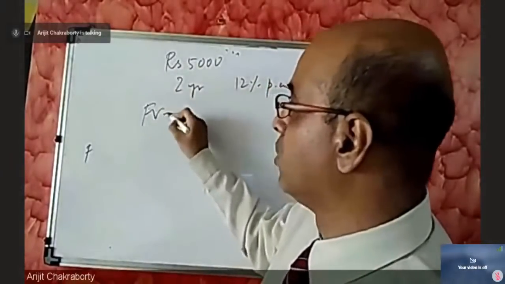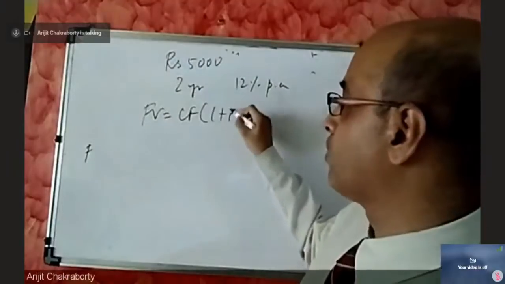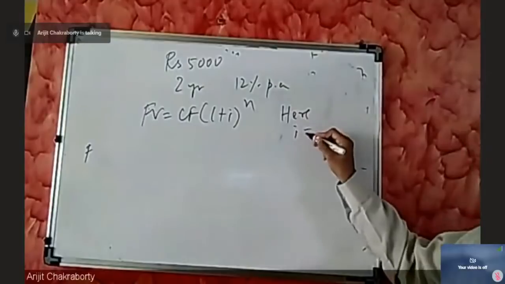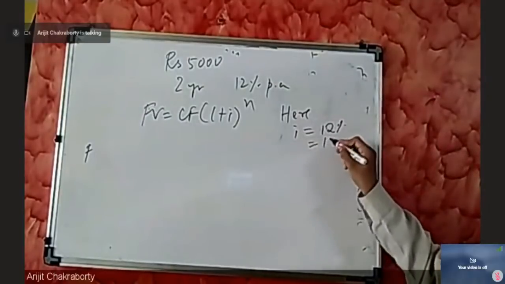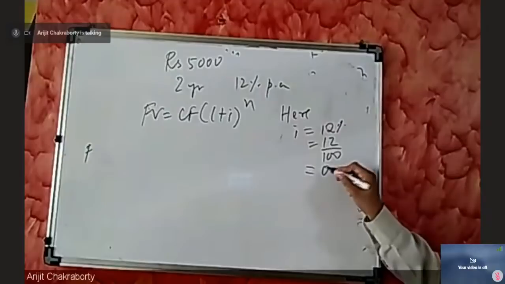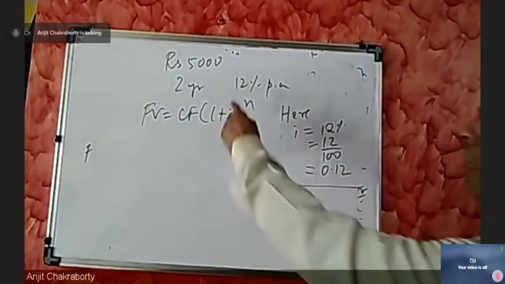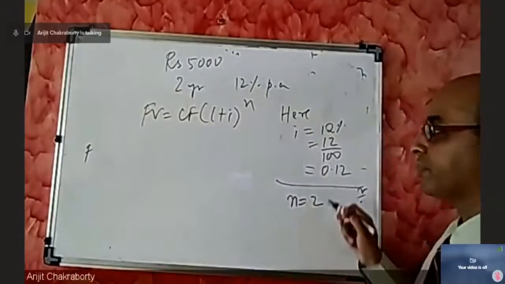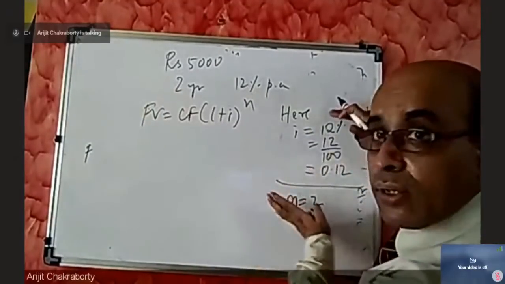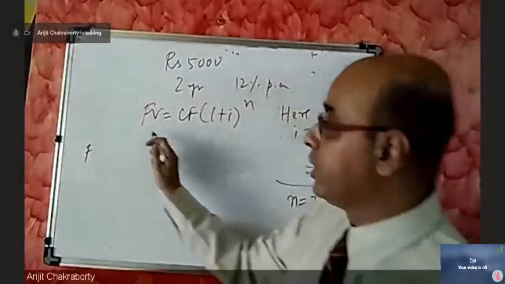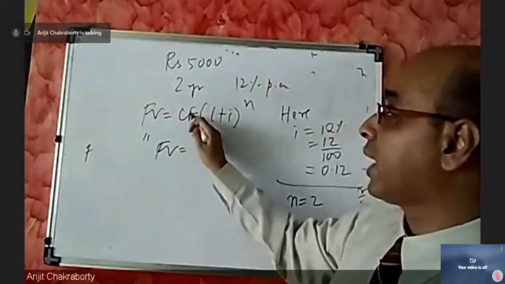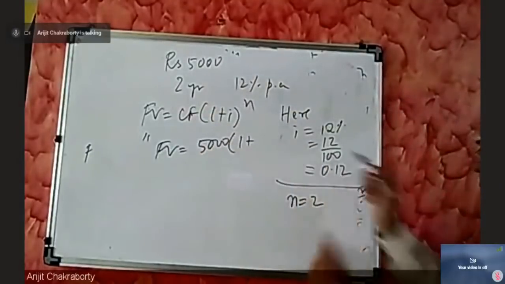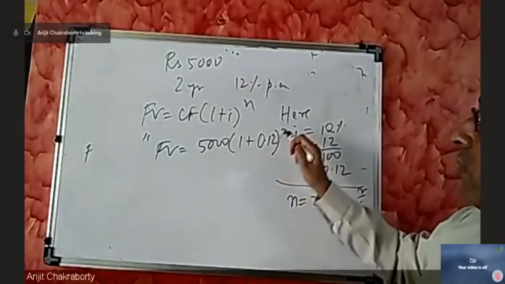We know future value is equal to cash flow into 1 plus I to the power n. Here I is 12%, that is 12 by 100, which means 0.12, and n is equal to 2. Therefore, putting these values into the equation, future value is equal to cash flow, 5,000, into 1 plus 0.12 to the power 2.